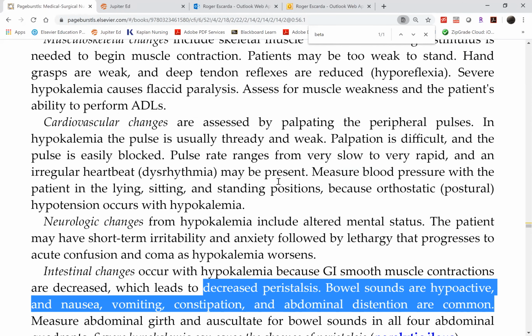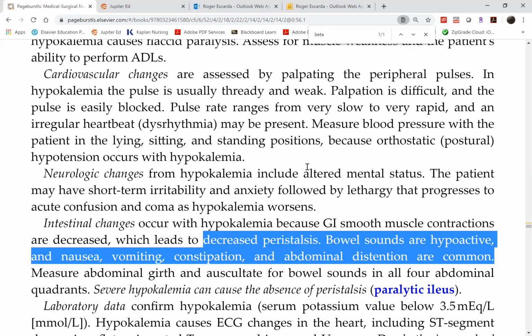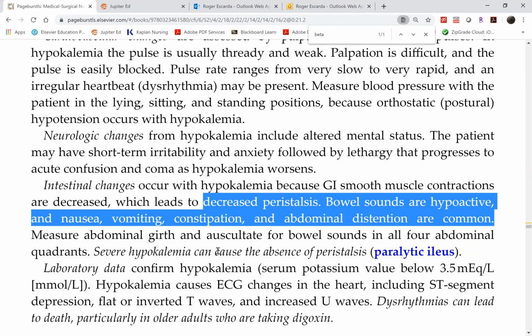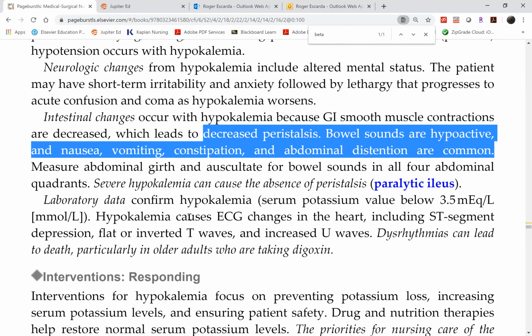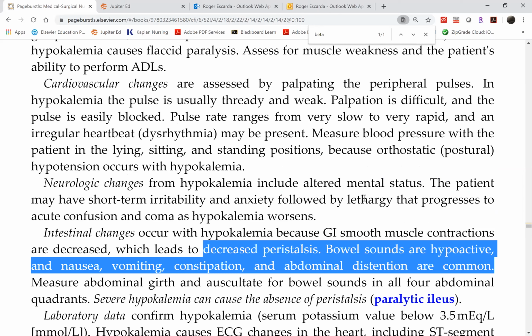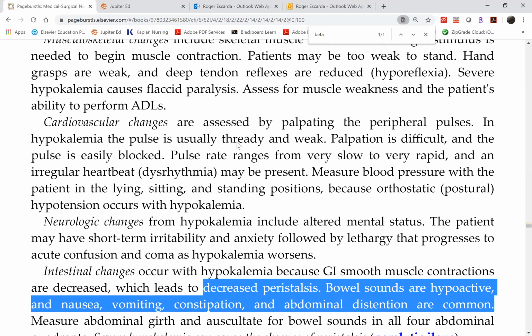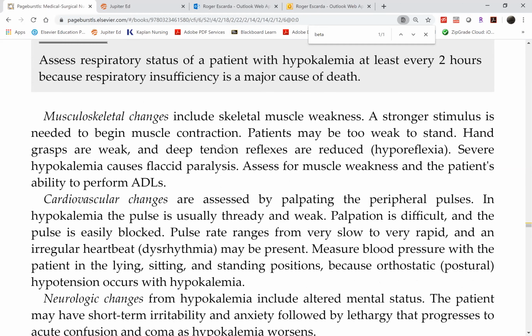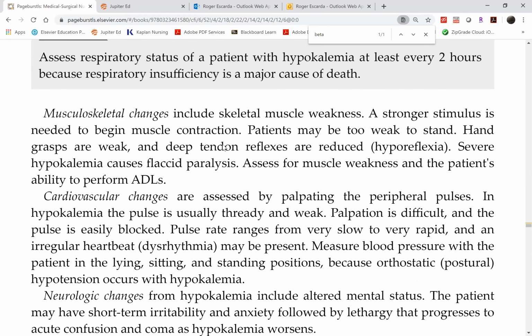Cardiovascular changes, I won't test you on the ECG changes yet. Those are in chapter 34, two semesters from now. Neurologic changes: lethargy, going to confusion and coma, and then hypotension. Those are your manifestations for hypokalemia.